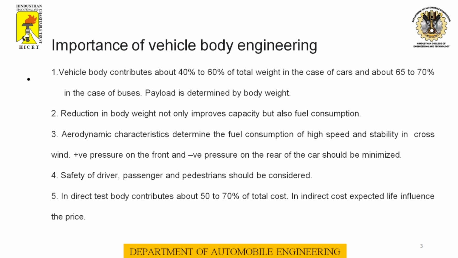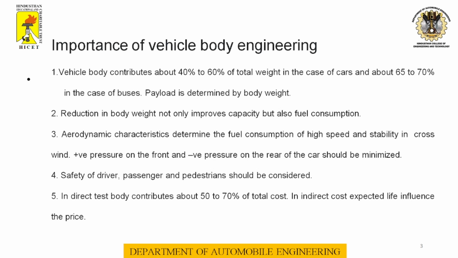Aerodynamic characteristics determine the fuel consumption at high speed and stability in crosswind. Positive pressure on the front and negative pressure on the rear of the car should be minimized. Safety of driver, passenger and pedestrian should be considered.